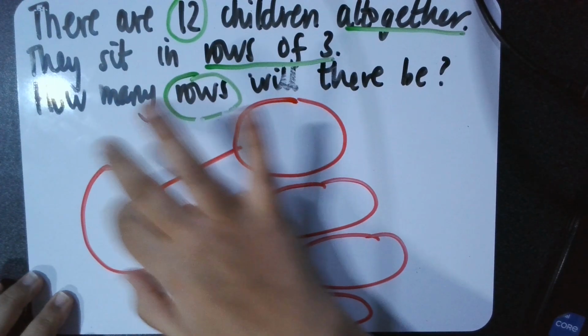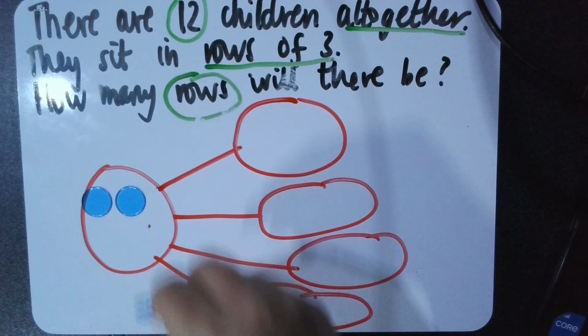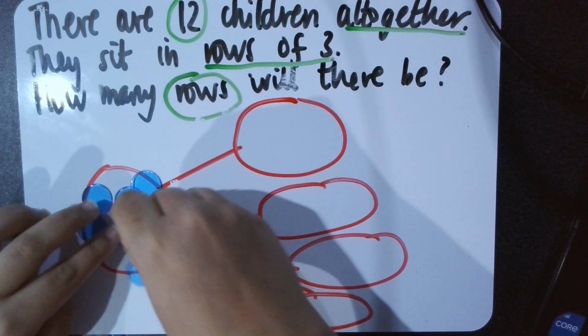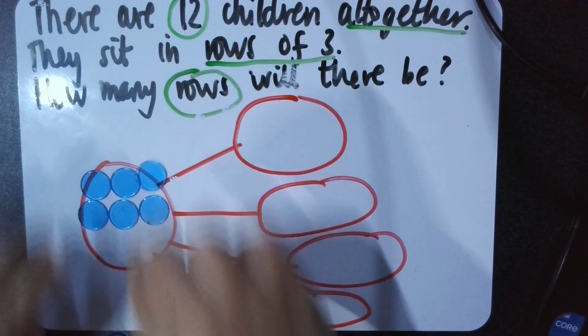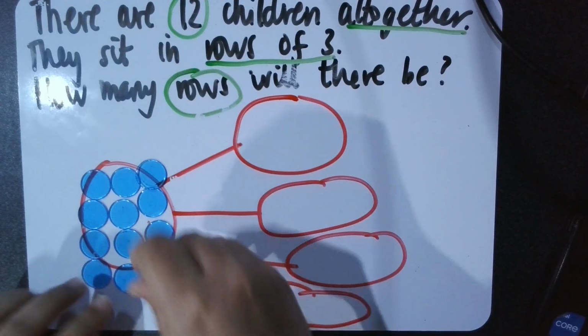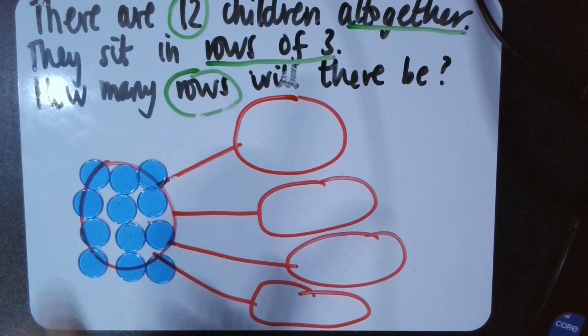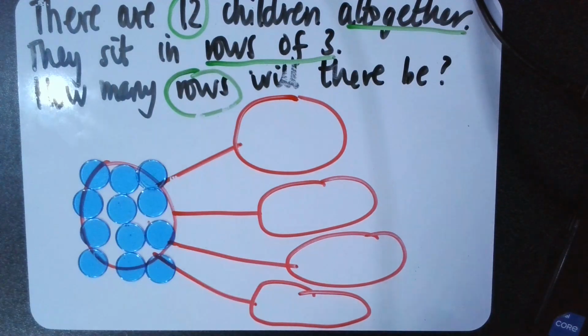I can do this using my counters, but I just don't think they'll fit. 1, 2, 3, 4, 5, 6, 7, 8, 9, 10, 11, and 12. Just imagine all of them fit into that whole. My whole is 12, and I've shared them out into my 4 equal groups.